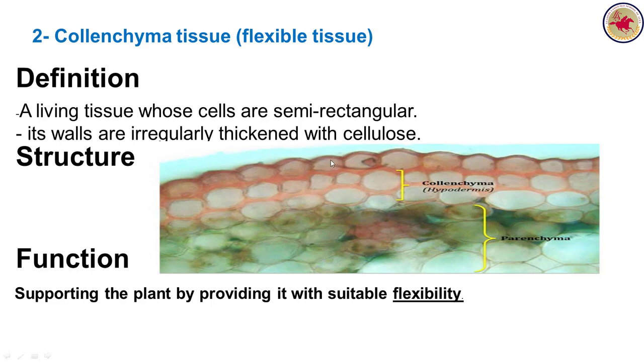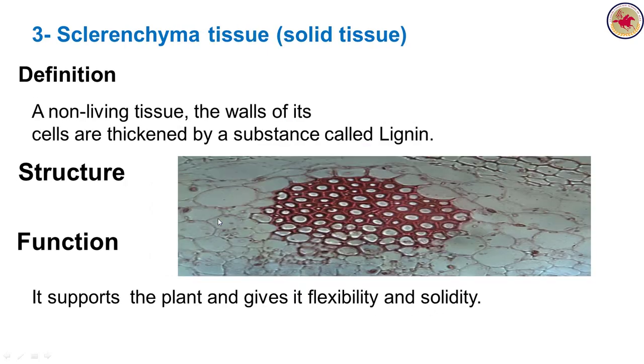Parenchyma and collenchyma are both living tissue. Its function is, number one, support because of the thickening of cellulose, and flexibility because it is not supported by a very hard substance like lignin.